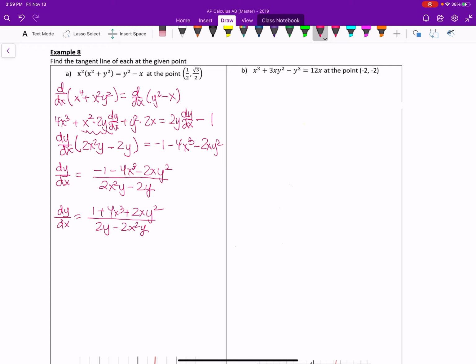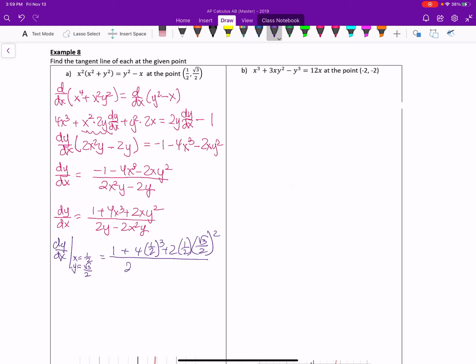And then we have to find it at a particular value, so dy/dx is, at x equal to 1/2 and y equal to square root of 3 over 2. We're going to substitute in all of those values. 1 plus 4 times 1/2 cubed, plus 2 times 1/2 and square root of 3 over 2 squared.